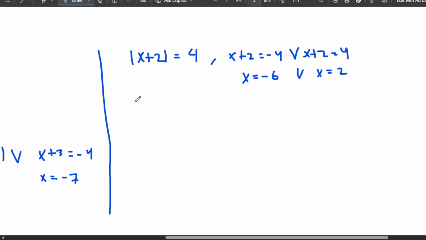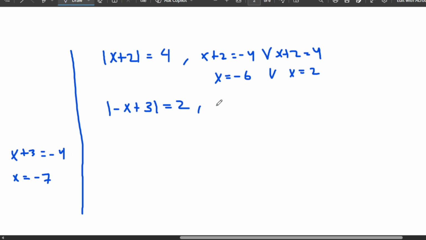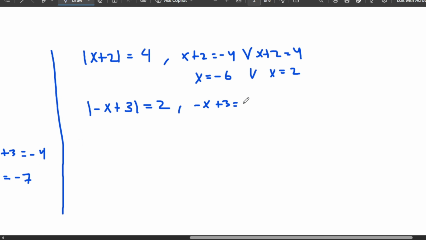How about the absolute value of negative x plus 3 equals, let's say, 2. Again, two possibilities. Negative x plus 3 equals negative 2, or negative x plus 3 equals positive 2.